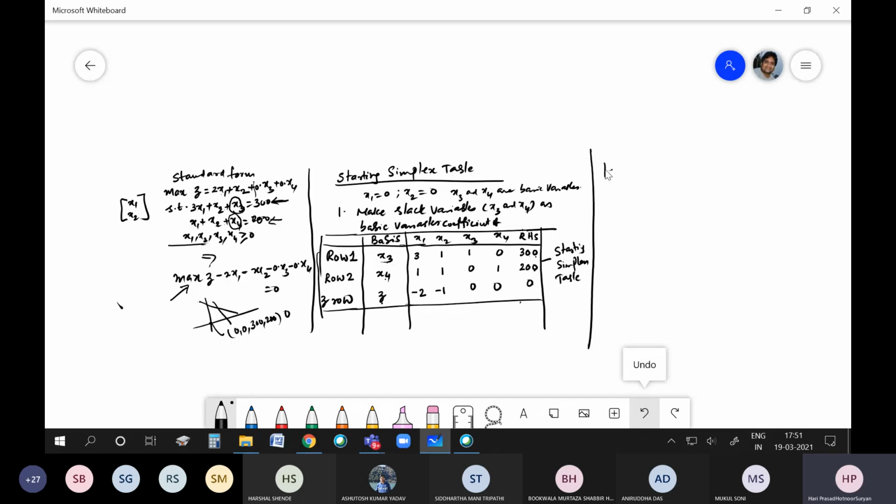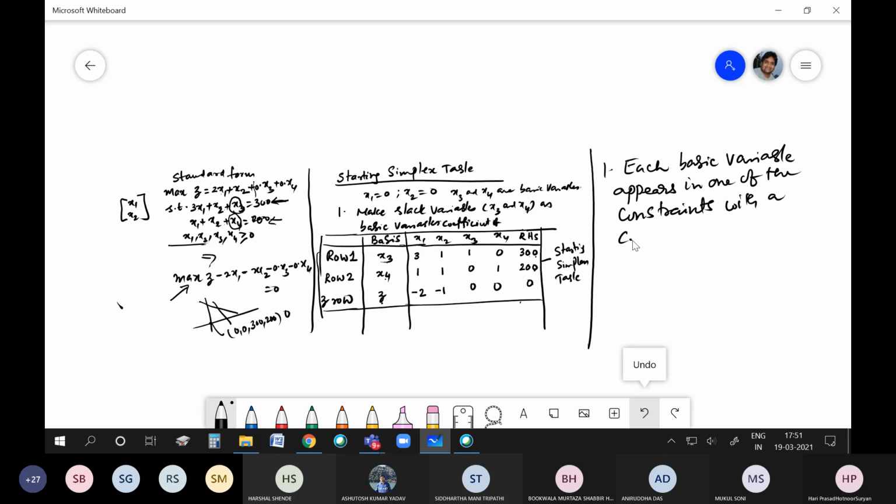The first property is that each basic variable appears in only one of the constraints with a coefficient equal to 1, unity, and with zero coefficients in all other constraints.